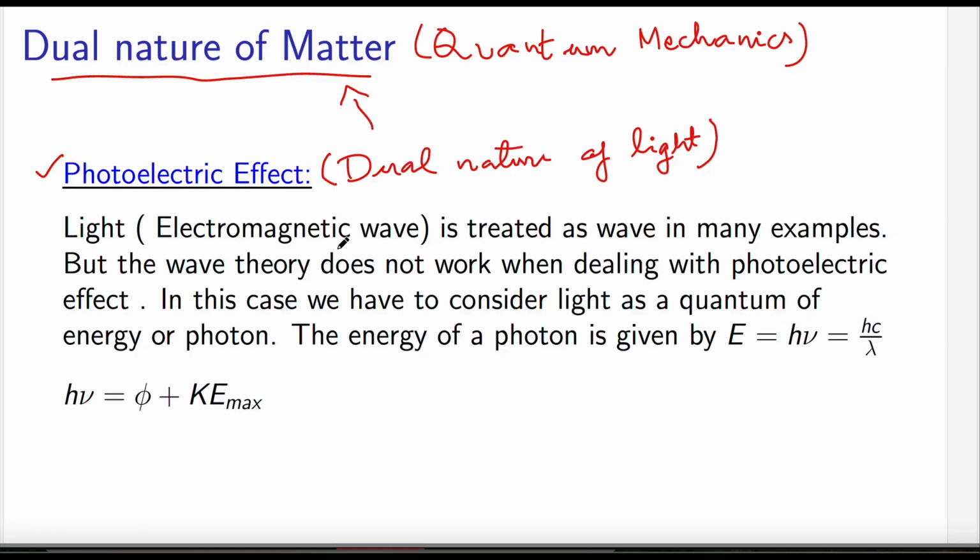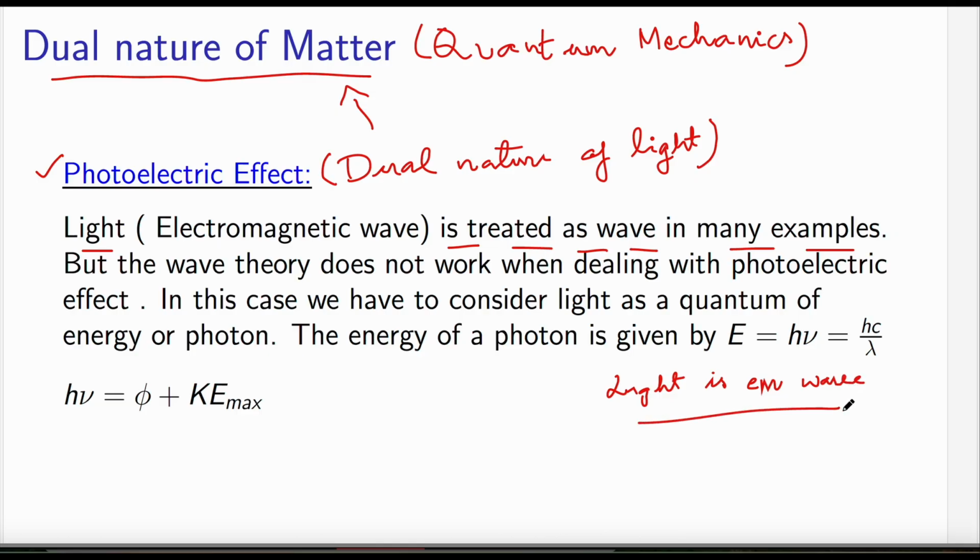So what is photoelectric effect? In photoelectric effect, light is treated as wave in many examples. What do we mean by that? That light is basically an electromagnetic wave. This we have done at the beginning of this course.